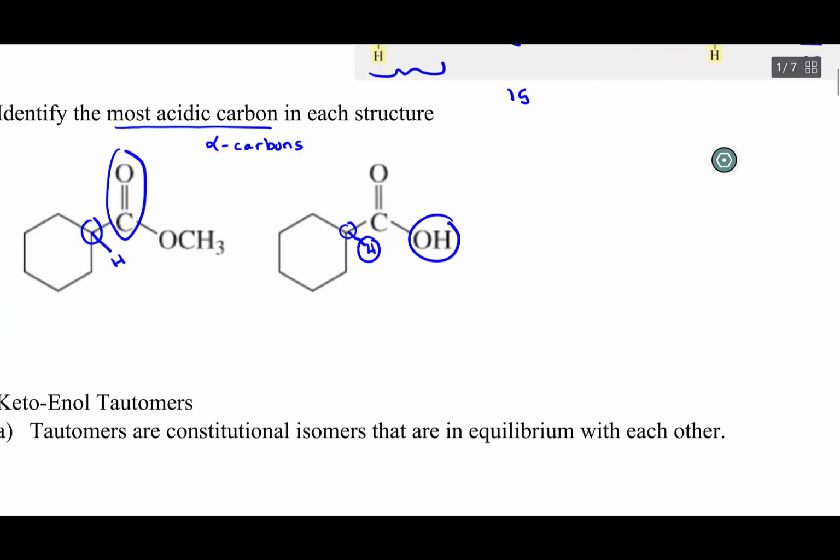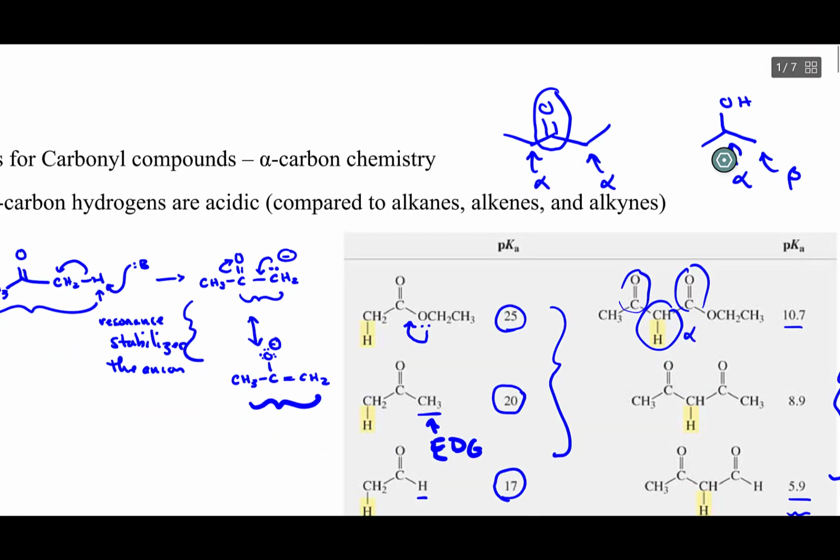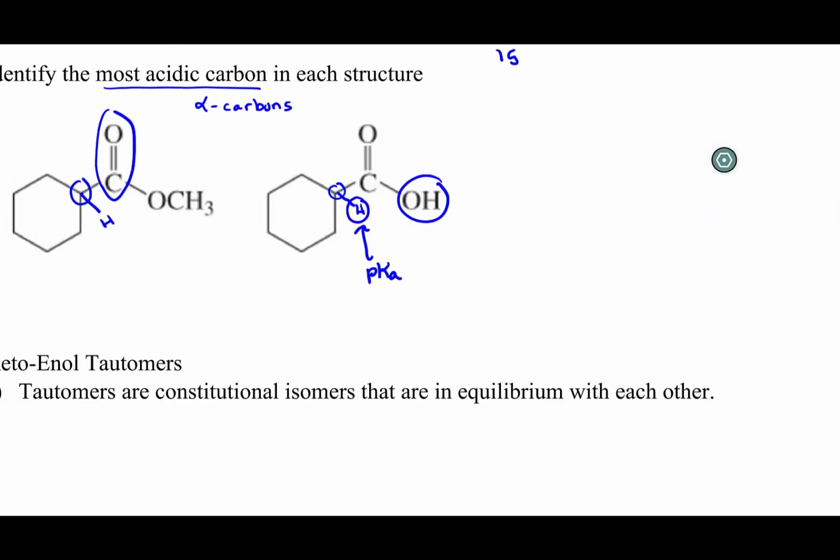So we know this pKa is going to be fairly high, higher than 25 at least. So that should be greater than 25. And then this is the other thing you have to look at, the carboxylic acid. That pKa is around 4 to 5. So that's the most acidic carbon in that structure.